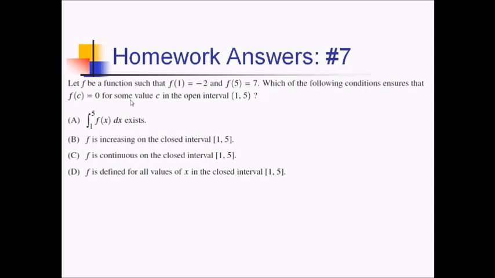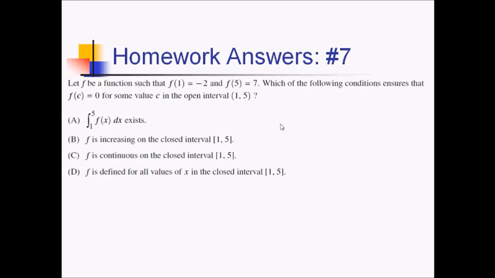On this problem, let f be a function such that f of 1 is negative 2, f of 5 is 7, which condition ensures f of c equals 0 for some c value in the open interval from 1 to 5. All right, so we're basically talking about the language of the intermediate value theorem here. We've got 2 points, and we're trying to show that some in-between y value is actually in between these on the open interval from 1 to 5.